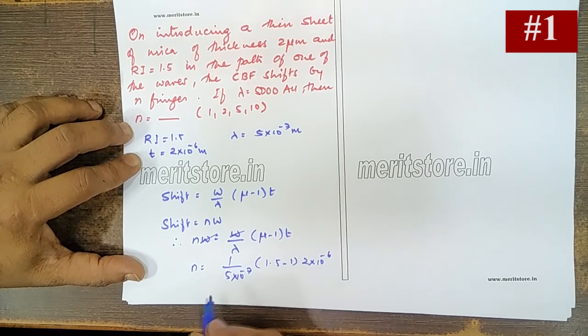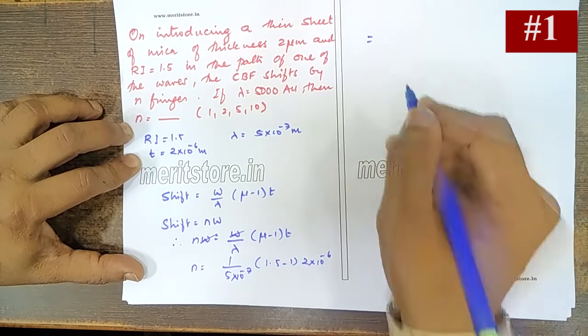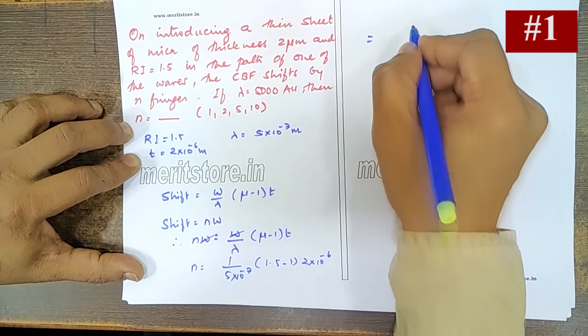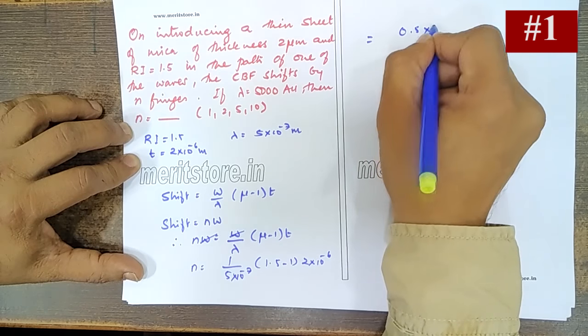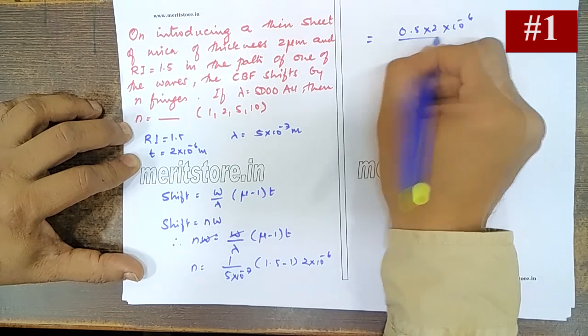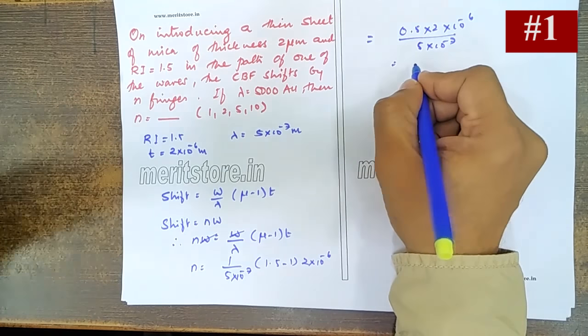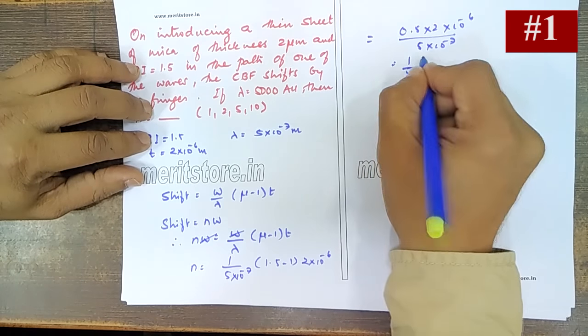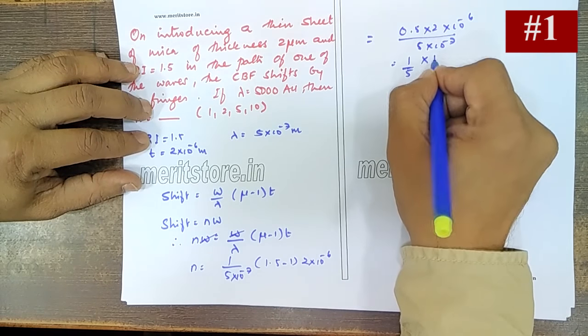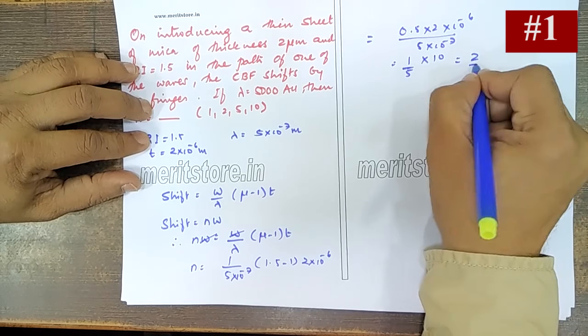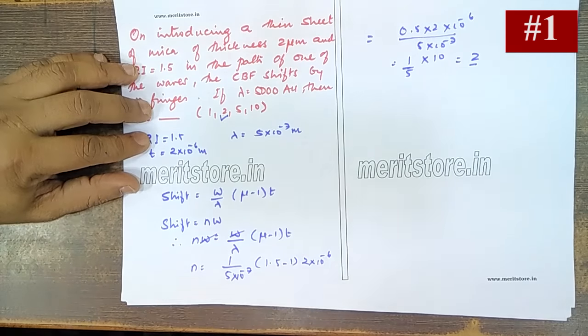So this will work out to 1.5 minus 1 is 0.5, into 2 into 10 raised to minus 6, upon 5 into 10 raised to minus 7. So this will become 1 by 5 into 10. So that is 2. So the answer is 2.